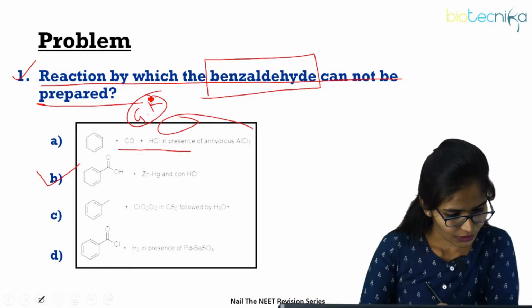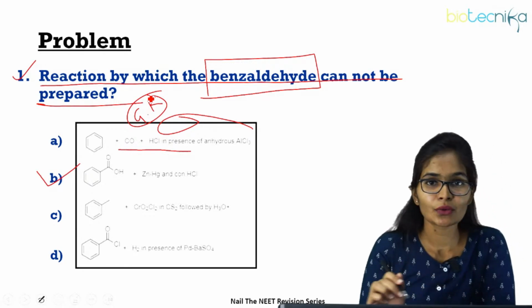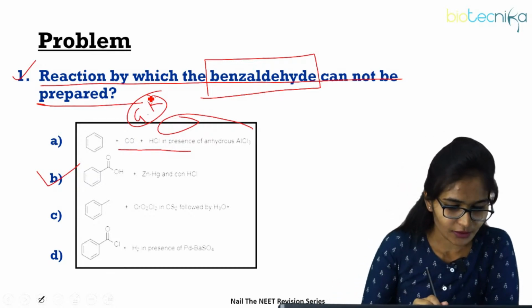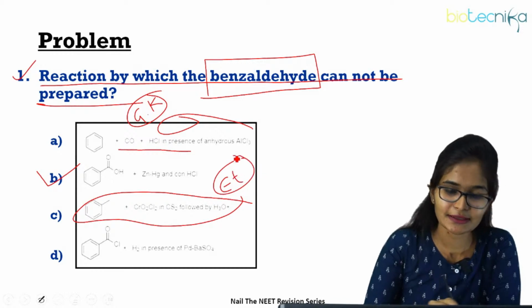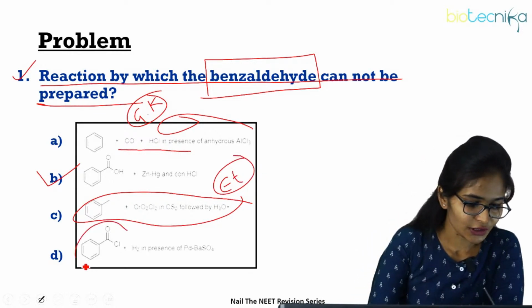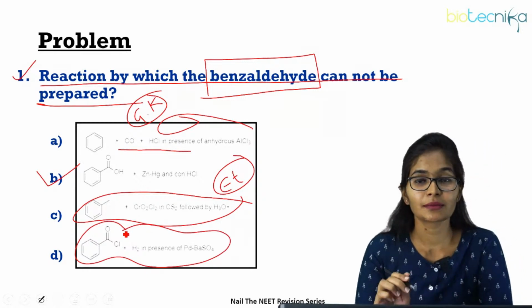Now option C: toluene treated with CrO2Cl2 in CS2 followed by H3O plus. It is the Etard reaction. Then option D: benzoyl chloride with H2 in the presence of palladium on barium sulfate.